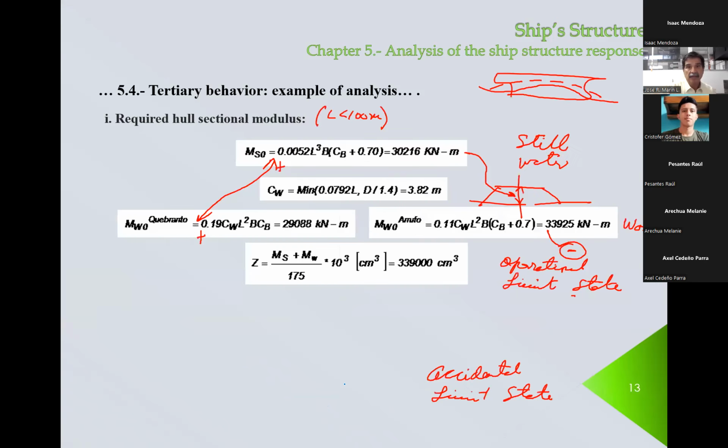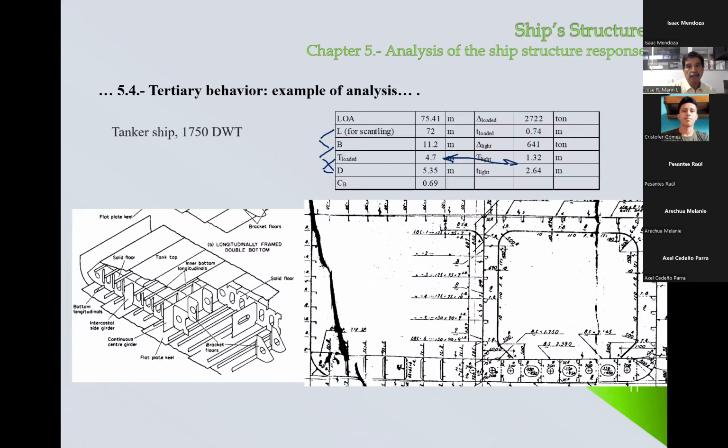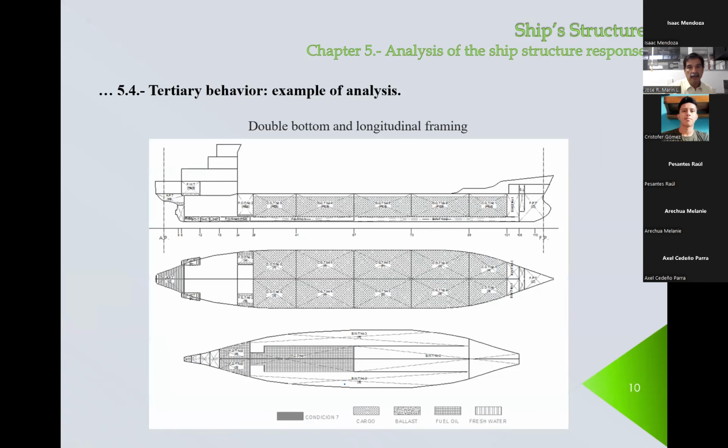Let me go back to the distribution of the ship. Here, you see that this is a tank in the double bottom. That means that this longitudinal here will suffer from pressure acting in this direction. And similarly, this floor will support pressure acting in the axial direction.